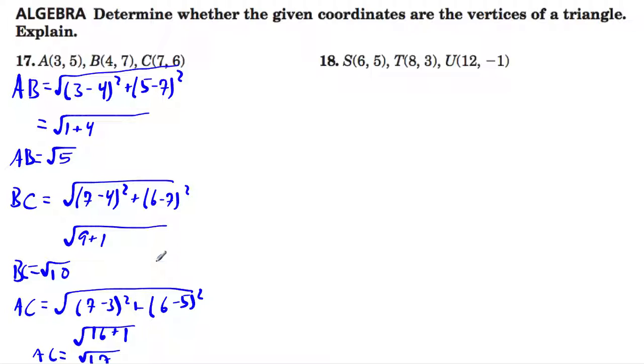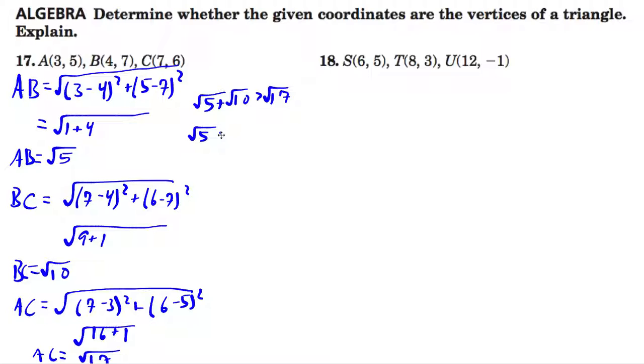So the square root of 5 plus the square root of 10, that would be about 5.4. And if we do the square root of 17, so square root of 5 plus the square root of 10 is greater than the square root of 17.